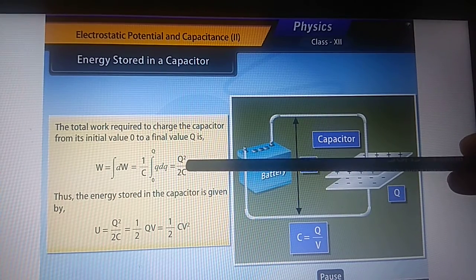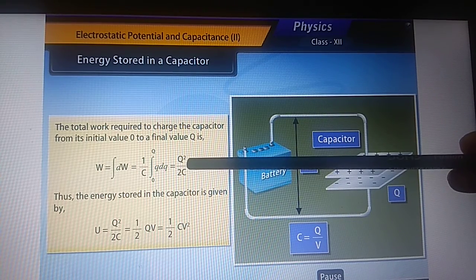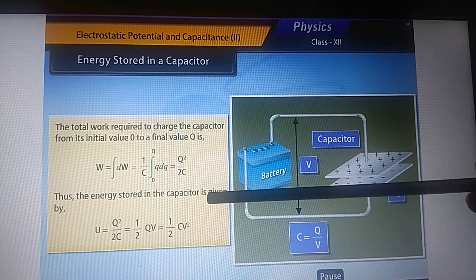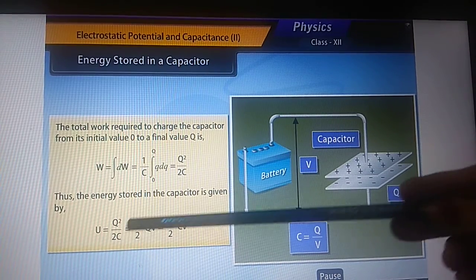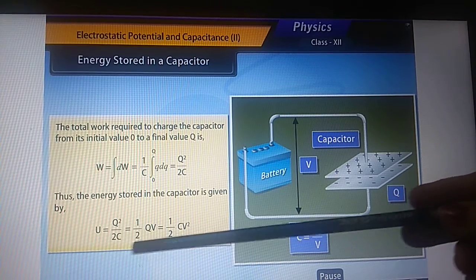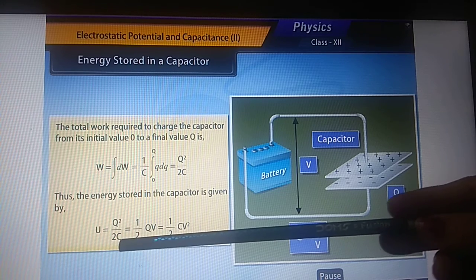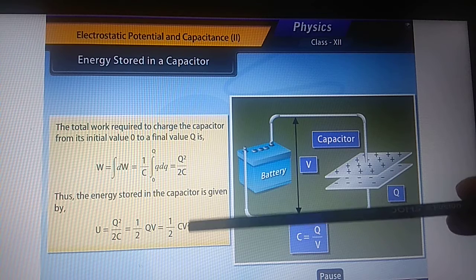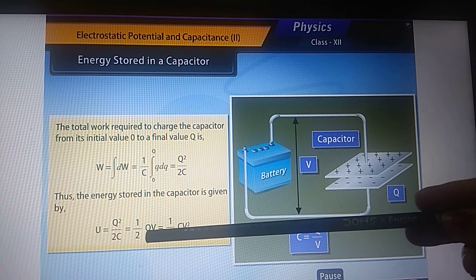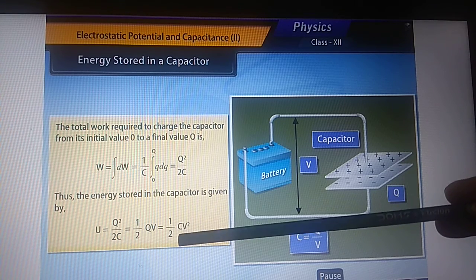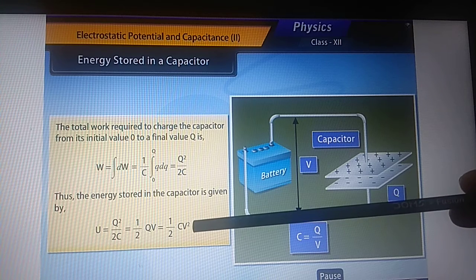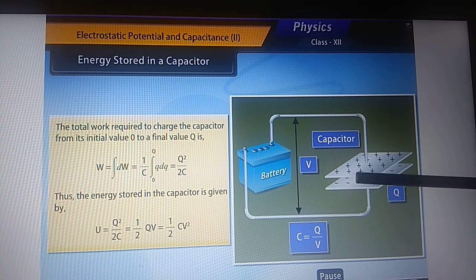Therefore, this work done is stored in the form of potential energy. The energy stored in the capacitor is equal to this work done, and Q upon C is V, so replacing the value, you will get half CV square. This is the amount of energy stored in a capacitor.